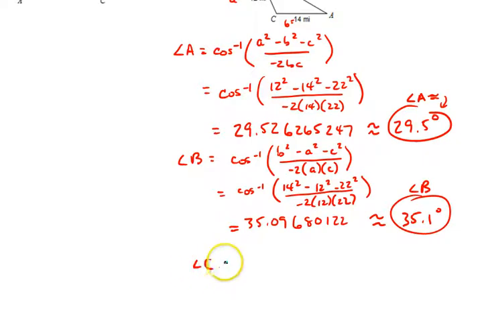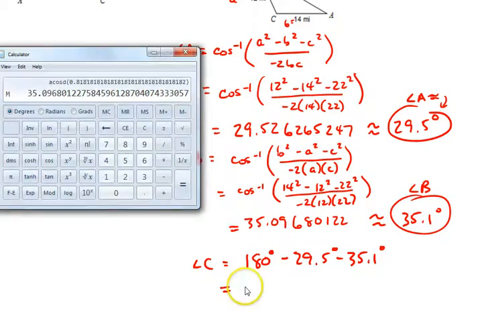Angle C. I could do it the long drawn out way, or I can just go 180 degrees minus 29.5 minus 35.1 degrees. If you store them all, you'll prove to yourself that you get the same number when you round to the nearest tenth.